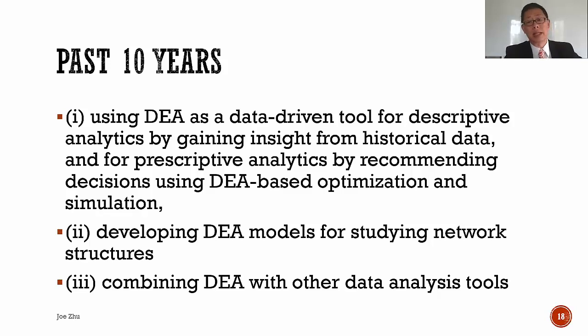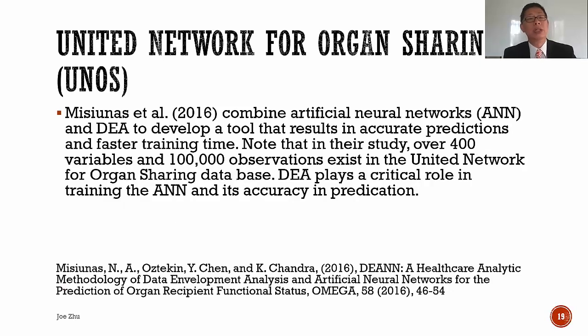So as you can see, DEA has already been shifting from just the standard evaluation tool to look at, say, production efficiency, for example, and doing more things related to data analysis. Here's one paper published in Omega. They use the DEA tool and combine it with artificial neural networks in organ transplants to improve the matching accuracy.